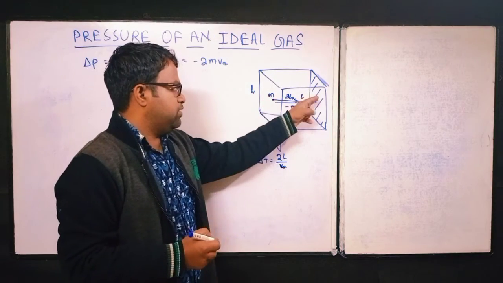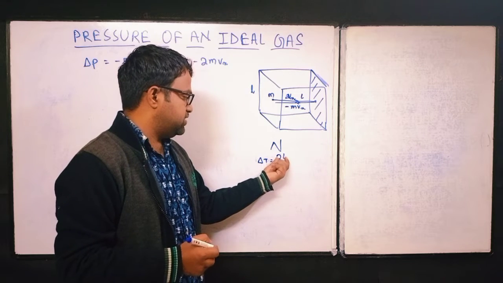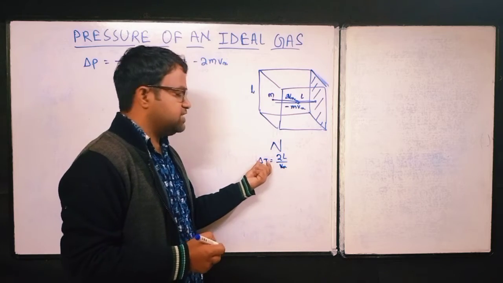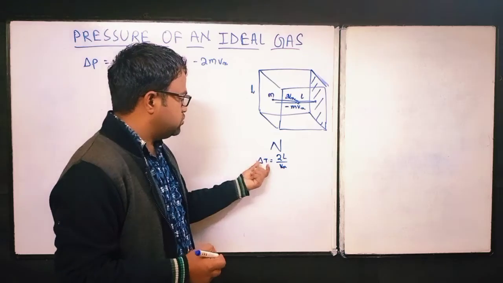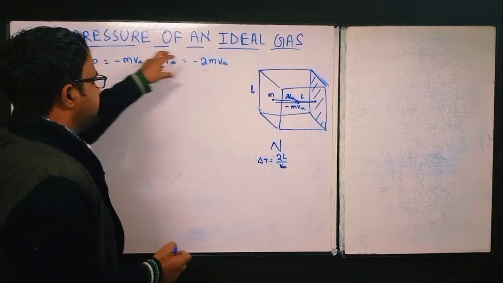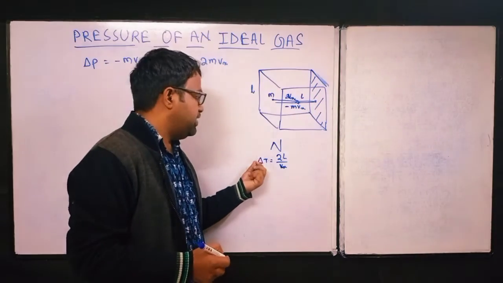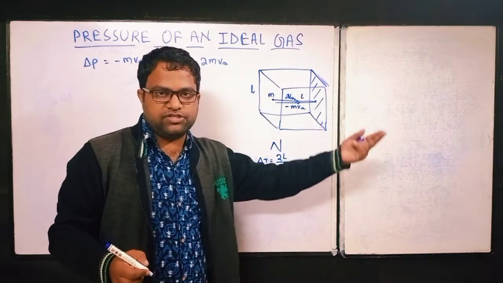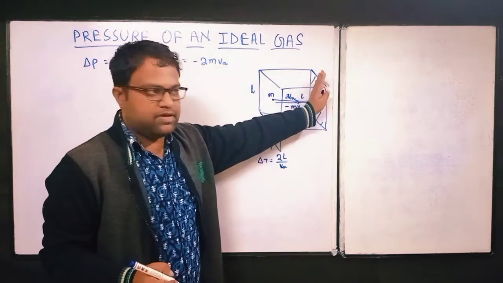So the distance between successive collisions is 2L, and this is your velocity. Let's say it's taking time delta t, right? So this much momentum is transferred in how much time? Delta t. And after delta t time, the next collision happens, and the next momentum will be transferred to the wall, right?